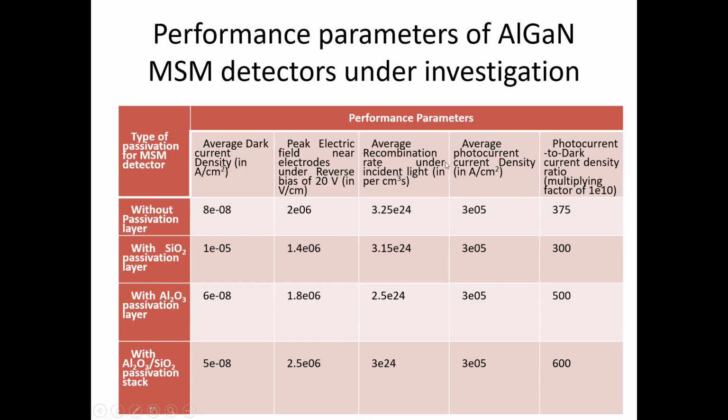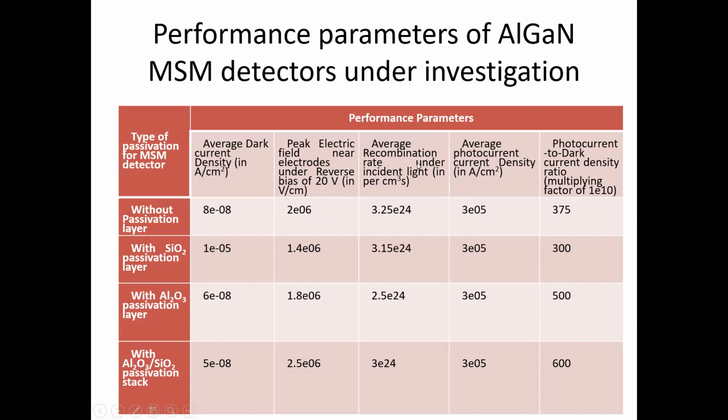We have compared 5 key performance parameters of the photodetector: average dark current density, in ampere per centimeter square, and peak electric field near the electrodes under reverse bias. Basically, electric field is very important whenever we want to attract the photo-generated carriers towards the electrode. So higher electric field means low recombination rate.